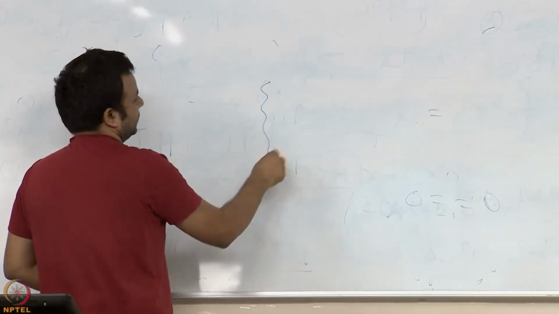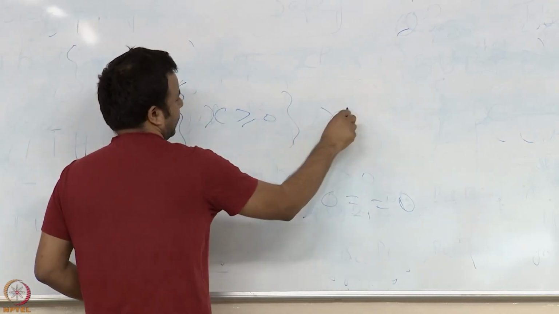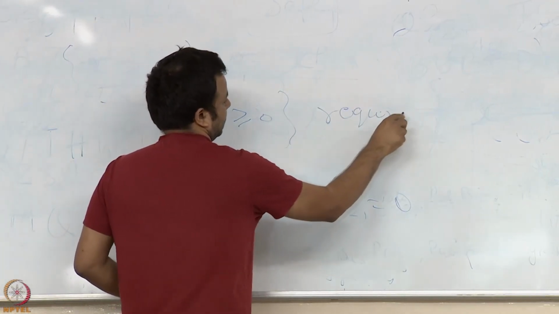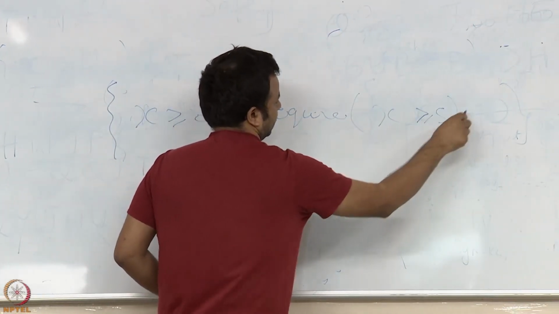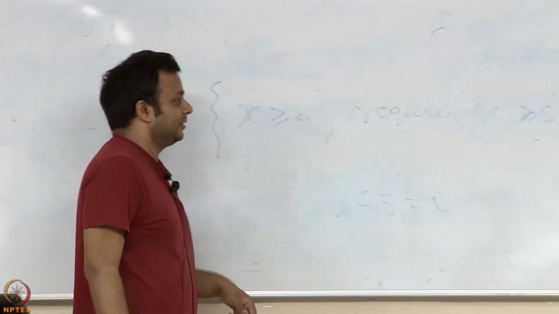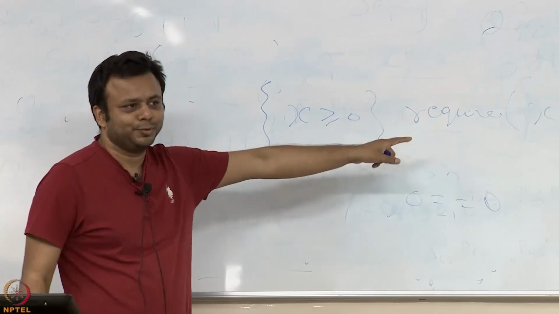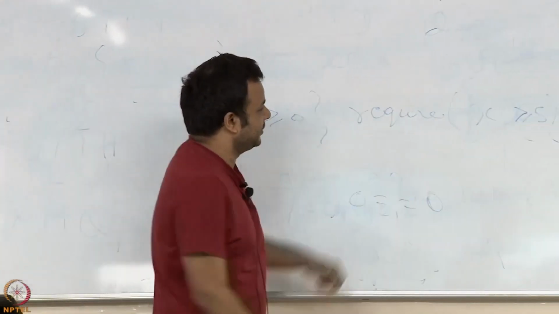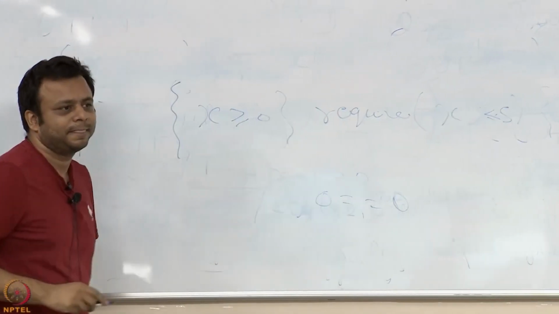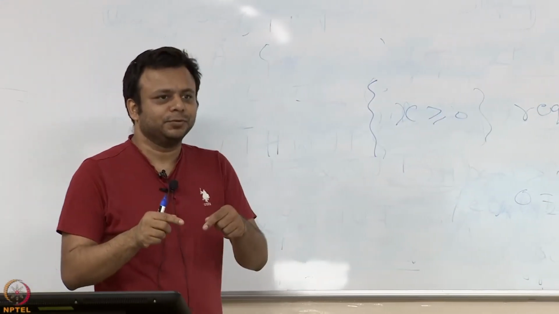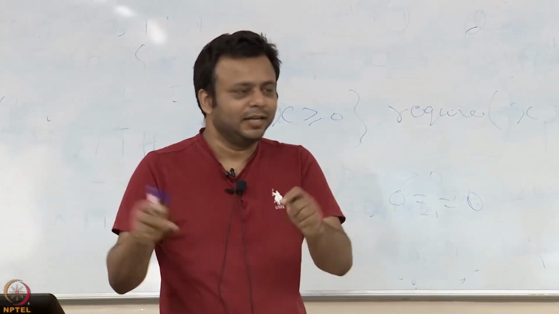So if I start with, let's say, x greater than or equal to 0, and my require is x greater than or equal to 5, where would I land? x is greater than or equal to 5. You take a conjunction, both things have to be true. And let's suppose this says x is less than or equal to 5, then both things are true. When you finish, x has to be between 0 and 5.